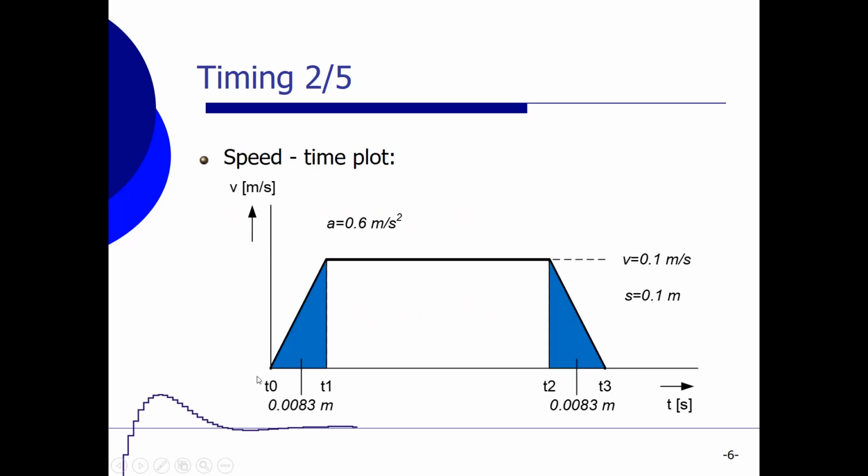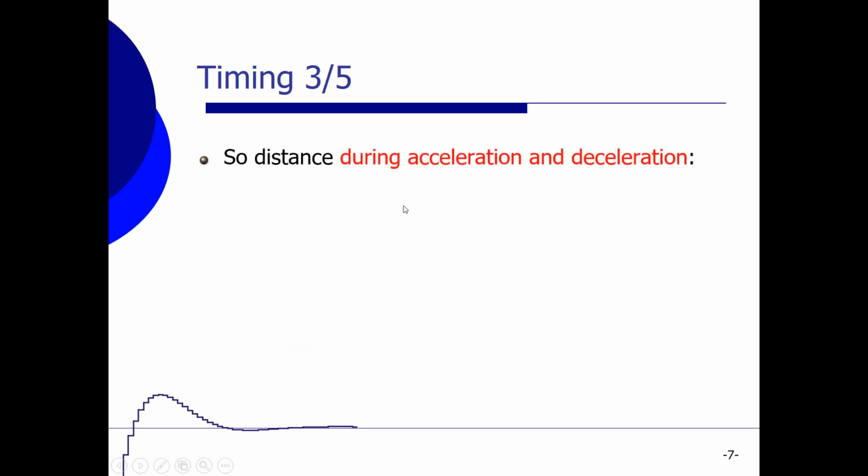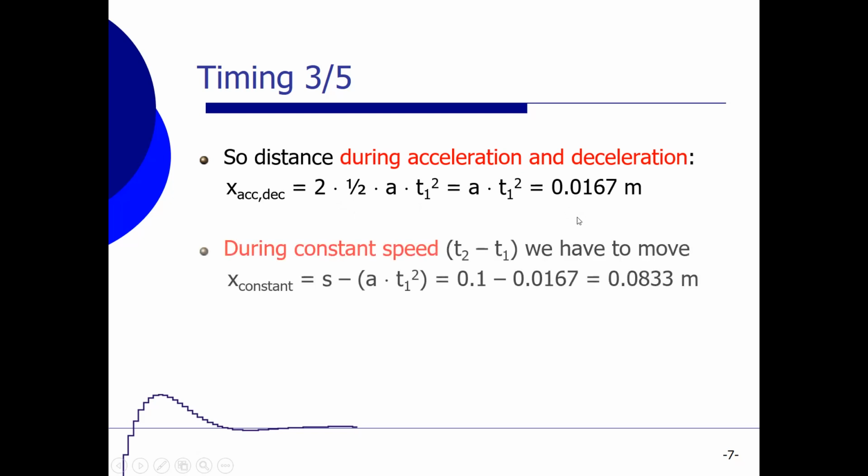Which leaves us with this speed time profile in which we can see that during acceleration and deceleration we have a distance of 8.3 millimeters, which we have already established. So we can say that during acceleration and deceleration, the total distance is equal to 2 times that value, which is equal to 0.0167 meters.